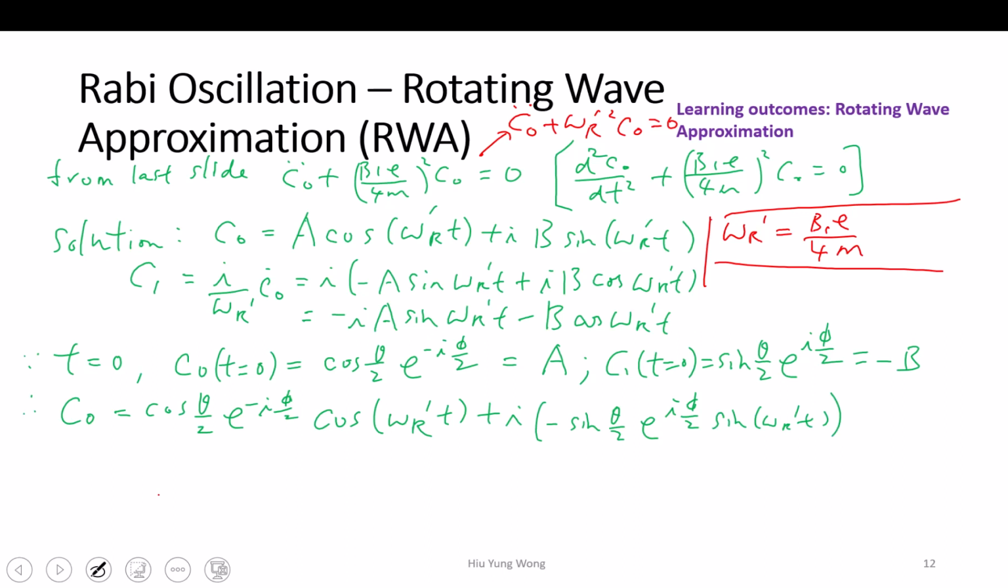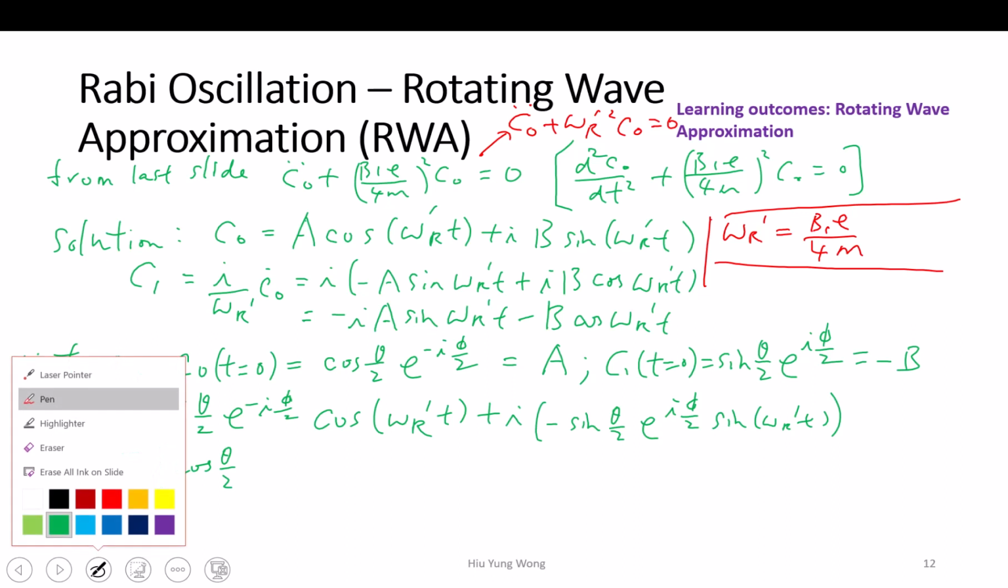Okay, now I'm going to do some treatment. What I'm going to do is take out e to the power negative I phi divided by 2. Now, if I do this, what will happen?